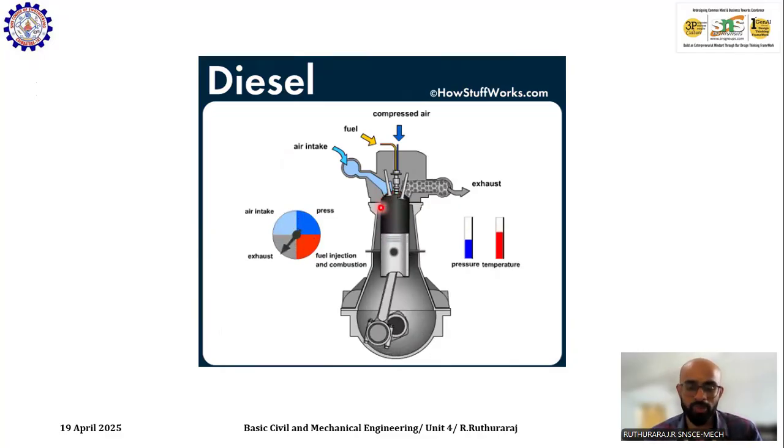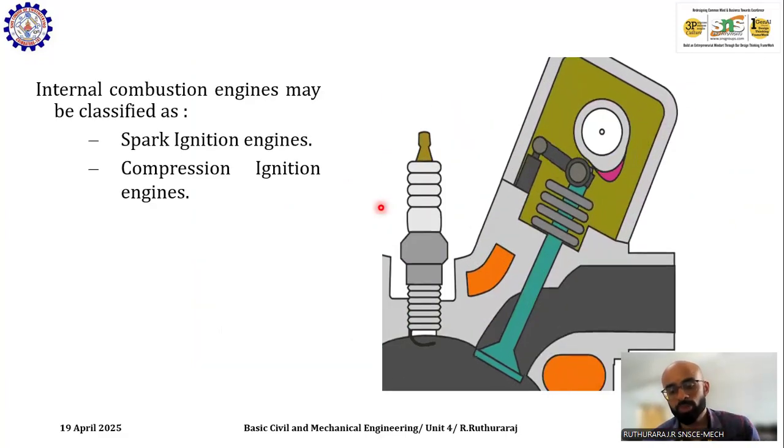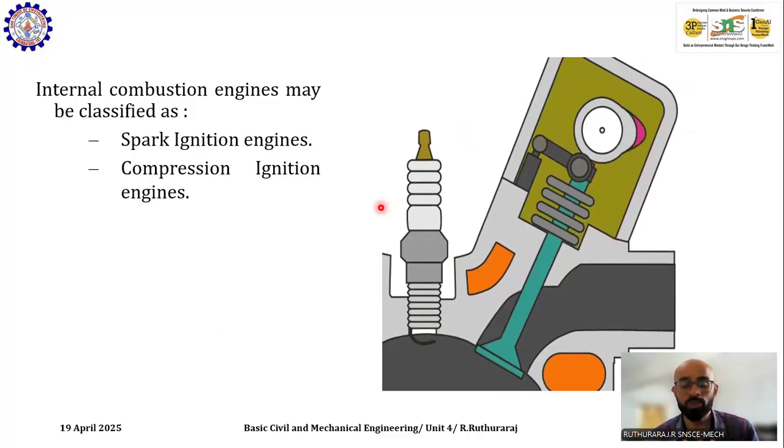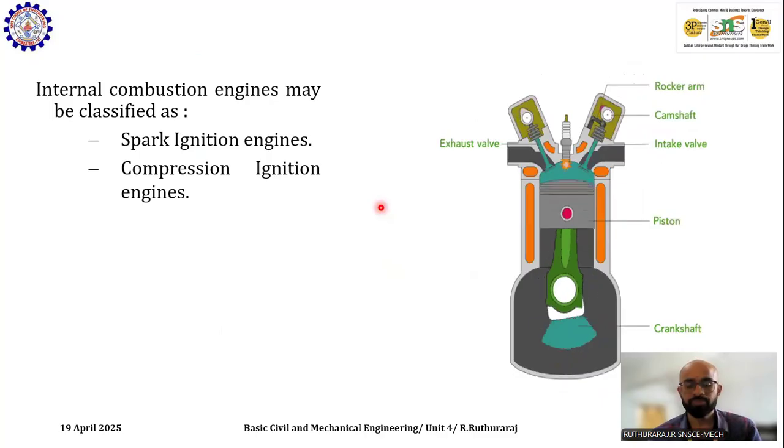The major difference between the spark ignition and compression ignition engine is that in the spark ignition engine, the fuel is ignited by the spark plug, whereas in the compression ignition engine, fuel is injected through the fuel injector. In the spark ignition engine, the air-fuel mixture comes through the inlet valve. Here air and fuel are mixed externally in a part called the carburetor.